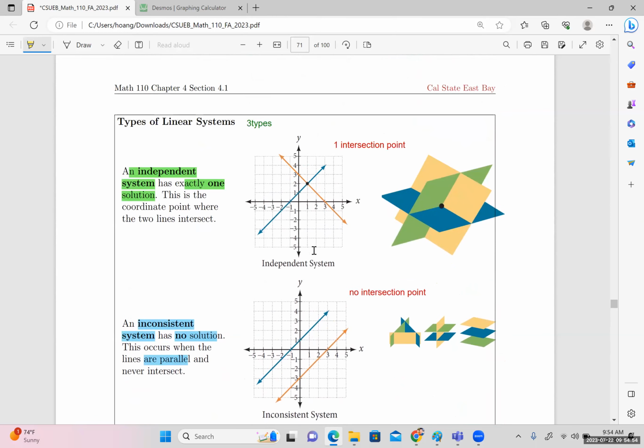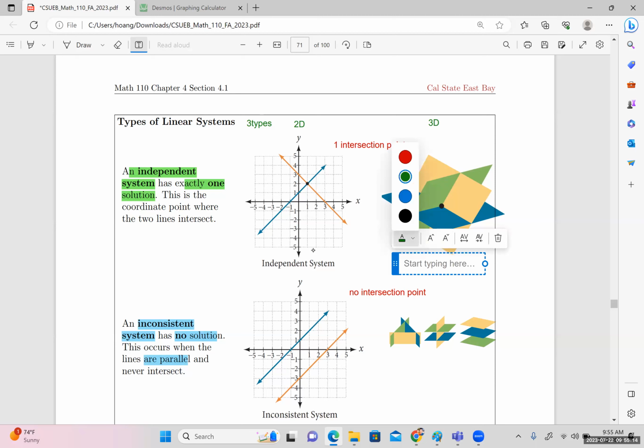So this is what I call 2 dimensions, and this is 3 dimensions. In three dimensions, the first one is where all these planes intersect.